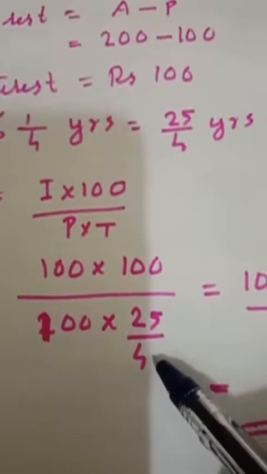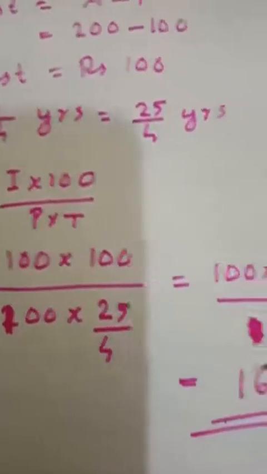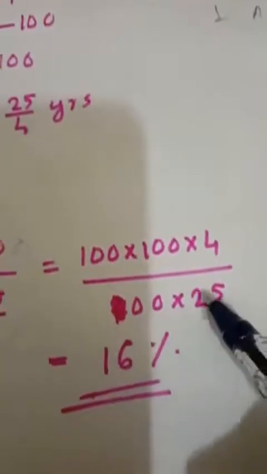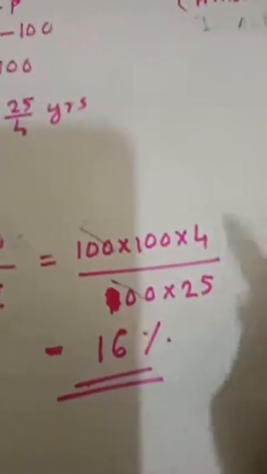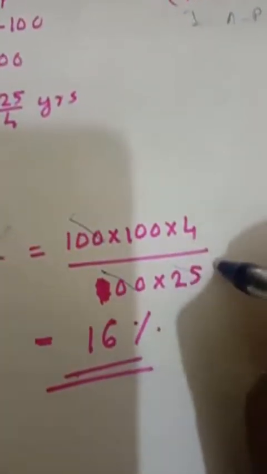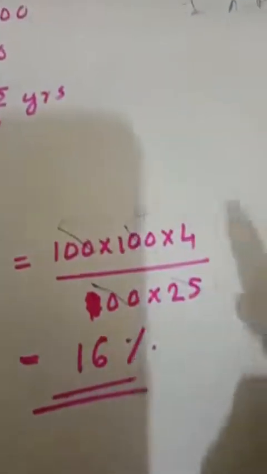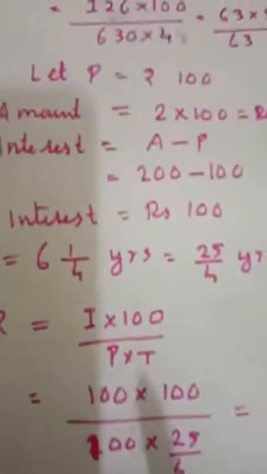Now this 4 is in denominator, so moves to numerator. So 100 into 4 by 100 into 25. This 100 gets cancelled. Then 1 into 25, 4 into 25, 100.